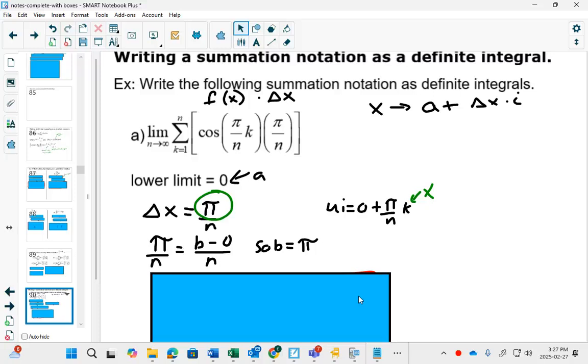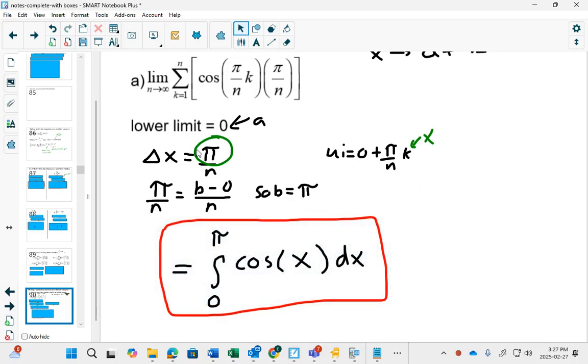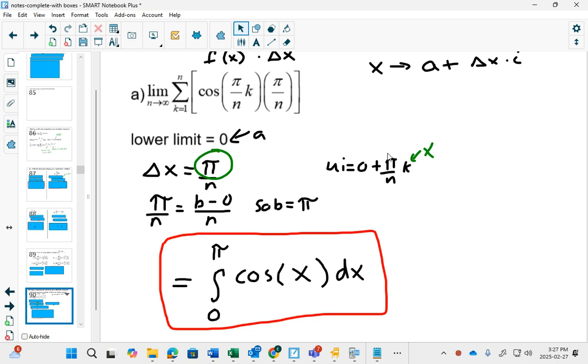Because we have pi over n, which is usually b minus a over n, so we would say the b value would have to be pi. So this is us working backwards. Notice that if you have your change in x, you can write a plus change in x times k. We see that we have this pi over n times k plugged in here.